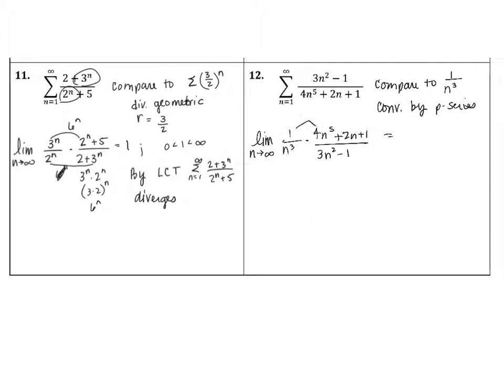And looking at the highest powers on top, we have 4n to the 5th. On bottom, I have 3n to the 5th. So that's going to be 4/3, and we see that 4/3 is between 0 and infinity. Yay. So therefore, we know that this will converge by the limit comparison test.